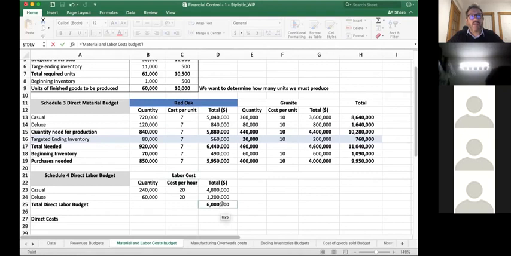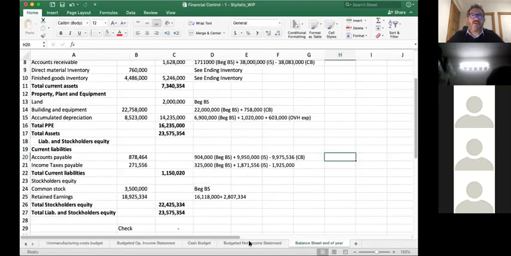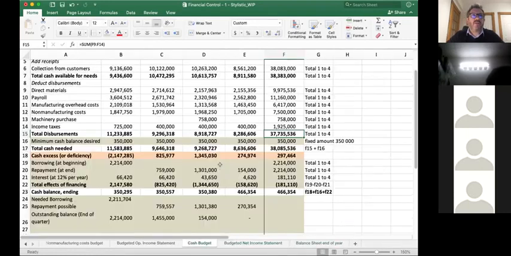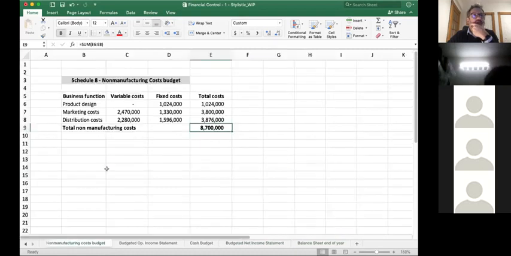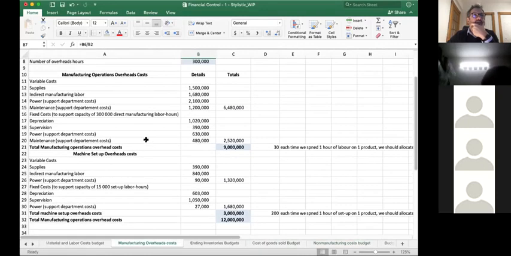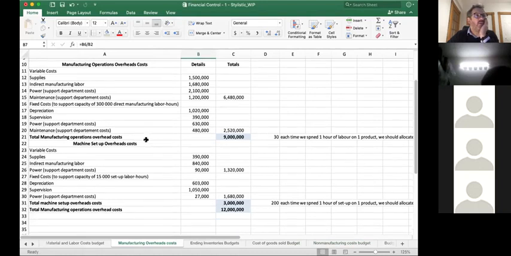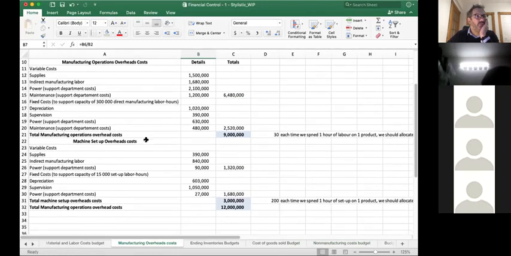So we get 6 million here. And so, sorry, it should be, so we have 11 million here. Yes, because we have manufacturing overheads, for which we certainly have some cost here also.